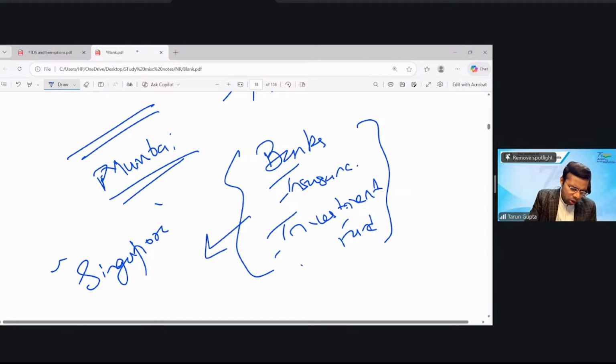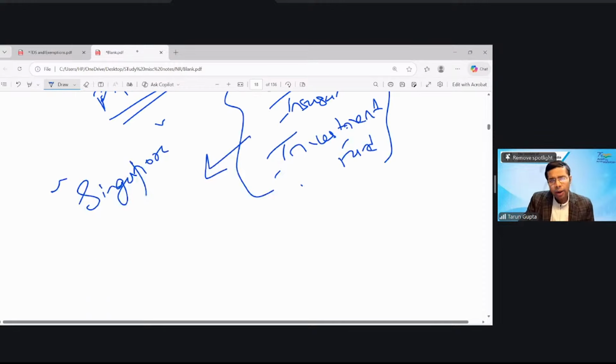Why? Because the regulatory and tax structure of Singapore was such that it used to favor these types of financial companies, financial institutions.